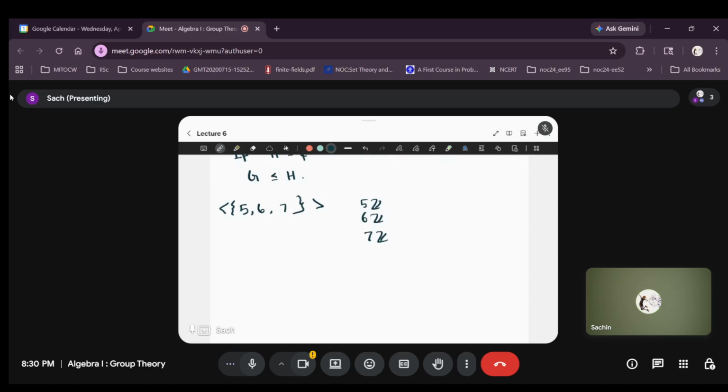But again, it should contain 11 and all multiples also. Should contain 13 and all multiples. Should contain 12 and all multiples. But since it contains 7 and it contains 6, it should contain minus 6. And it will contain minus 6 plus 7, which is 1. So this will simply be the set of integers again.